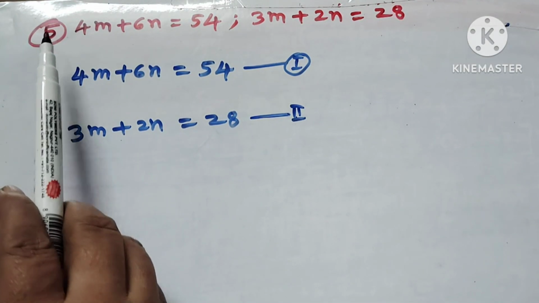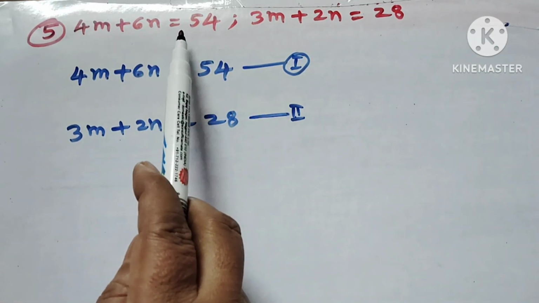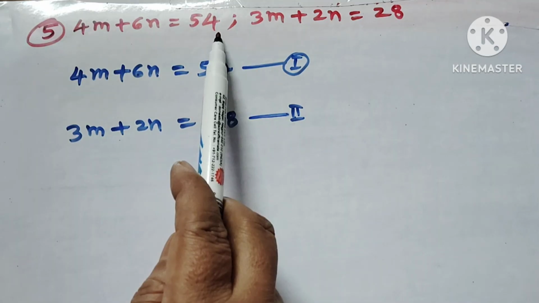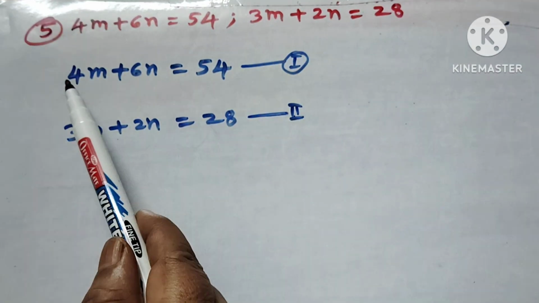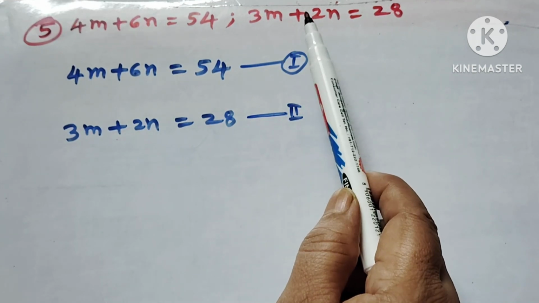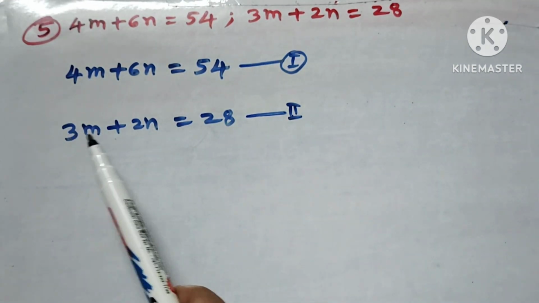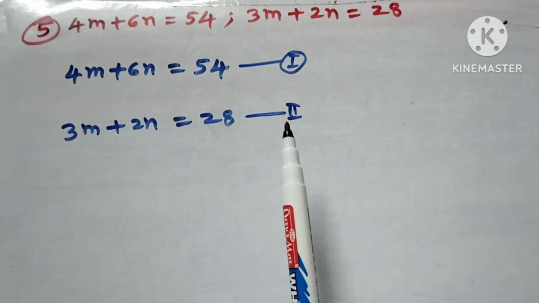Example number 5. 4m plus 6n is equal to 54. Consider this as the first equation. 3m plus 2n is equal to 28. Consider this as the second equation.